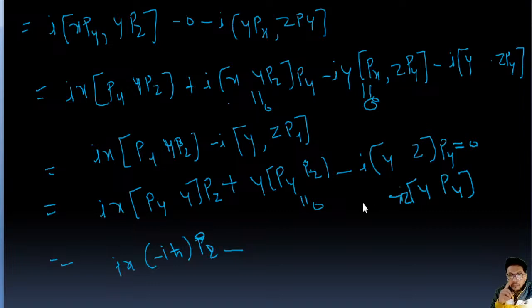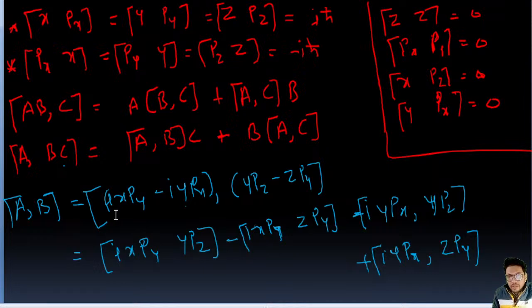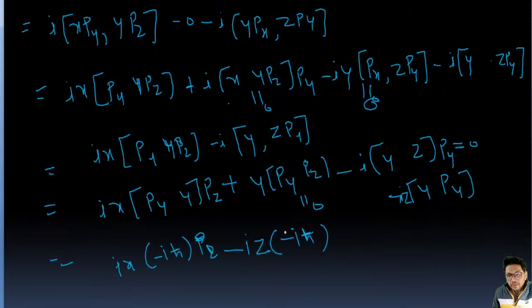Okay, minus iota Z, this is going to be minus IH cut YPY. Okay, so iota H cut, this one, so this value is going to be the next page.